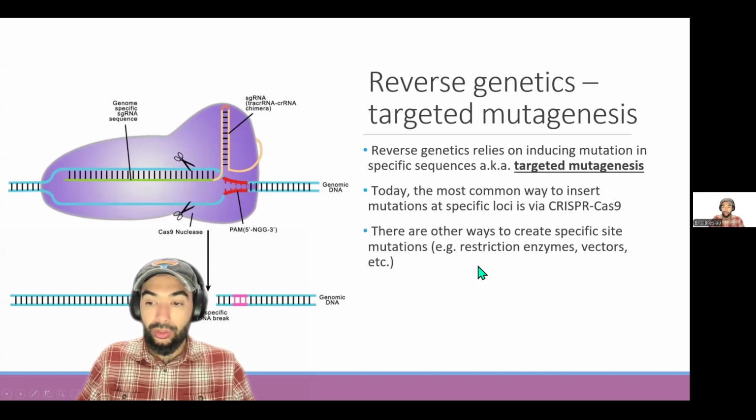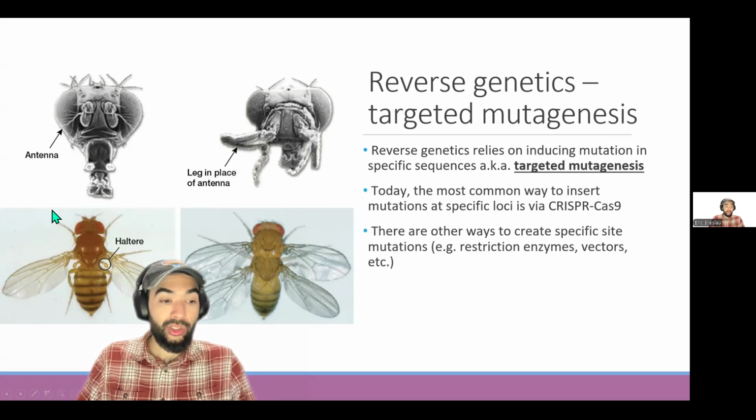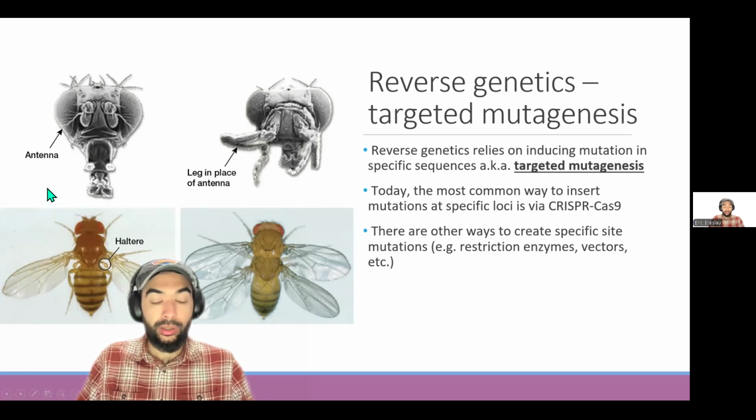But historically, restriction enzymes have been used in vectors. A really interesting example was in fruit flies, determining the function of Hox genes and getting an idea of how those work. If you don't know Hox genes, these are body plan genes that basically determine the development of the body of an organism: the position of the head, the legs, arms, and so on.